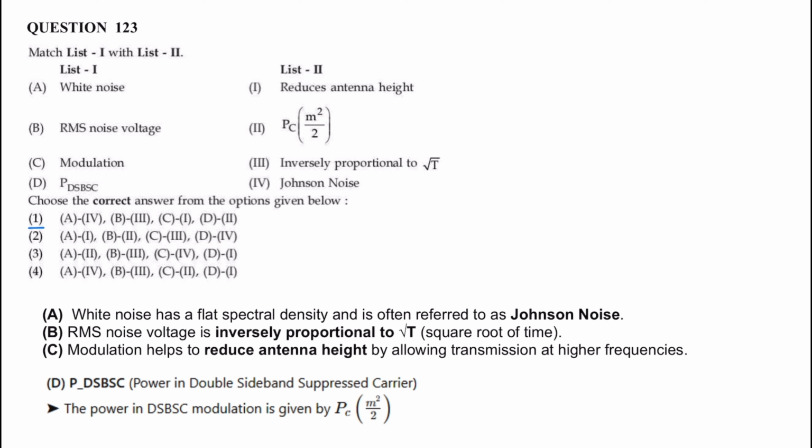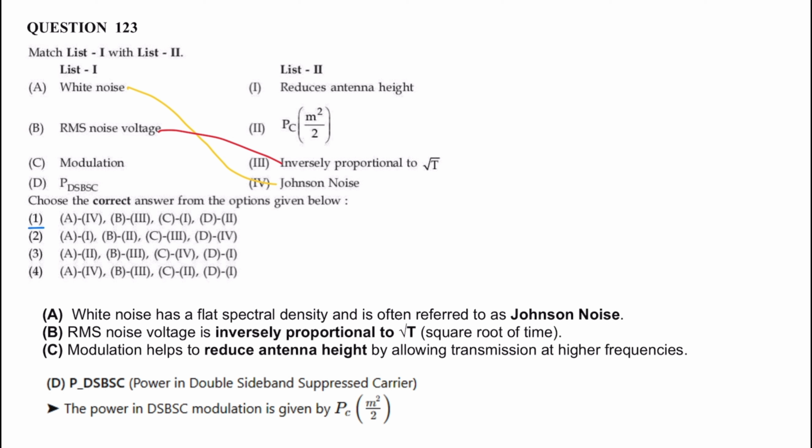Next question. White noise. White noise has flat spectral density and is referred to as Johnson noise. So the other name for white noise is Johnson noise. RMS noise voltage is inversely proportional to square root of time. Modulation.